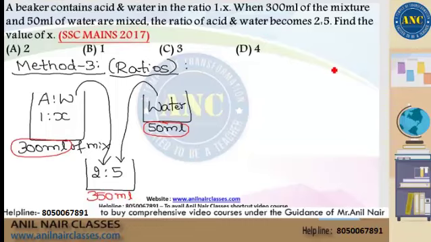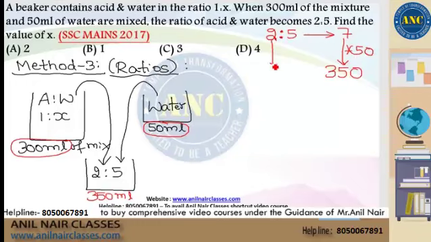But the question says it is in the ratio 2:5, which means 2 liters of acid and 5 liters of water, totally 7 liters of mixture according to the ratio. But it should not be 7. It should be 300 plus 50, which is 350, that needs to be present in mixture 3. So 7 is becoming 350.